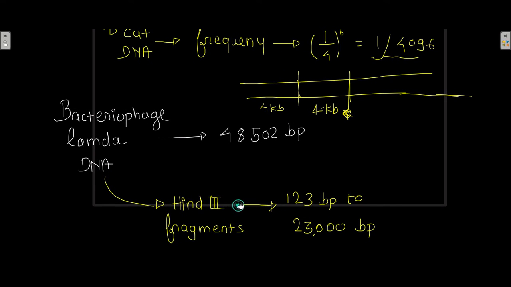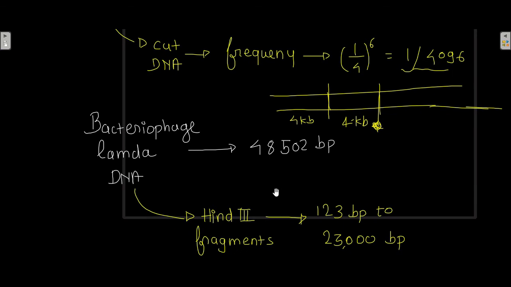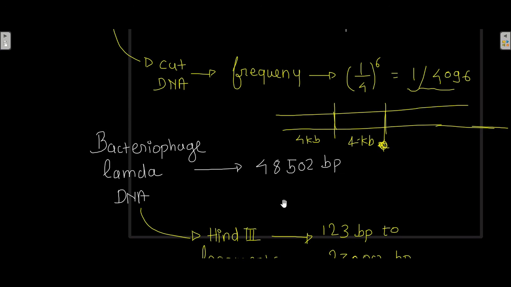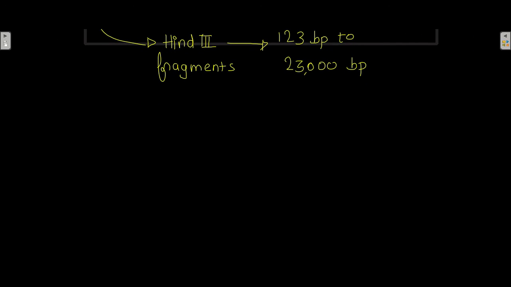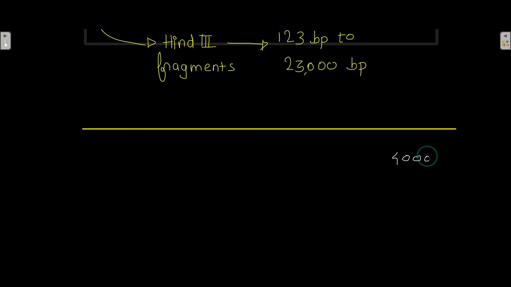This thing is quite hard to digest, but let me explain what I understood. So this is your DNA fragment. For example, consider it is made up of 40,000 base pairs.